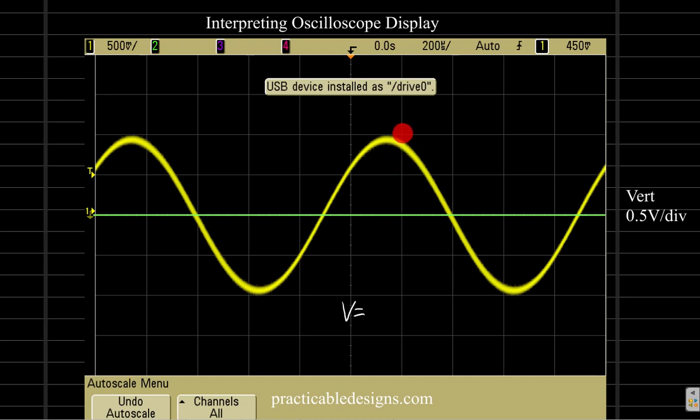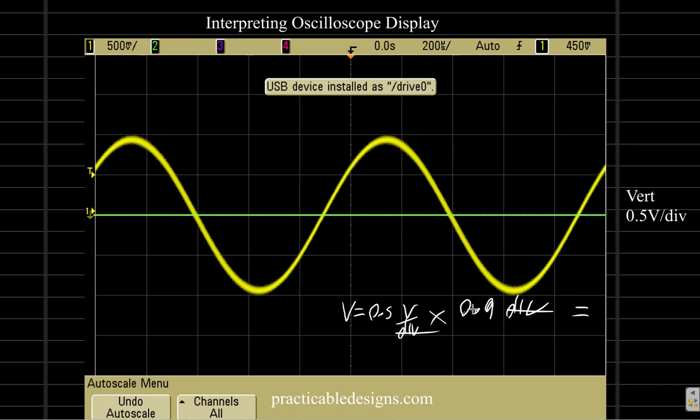If it went up 2 divisions, that would be another 0.5 volts, which is 1 volt. All right? So in this case, you would multiply 0.5 by 2 to get the 1. In this case, you're going to have 0.5 volts per division multiplied by 0.9 division. Division will cancel division. The units will cancel out.